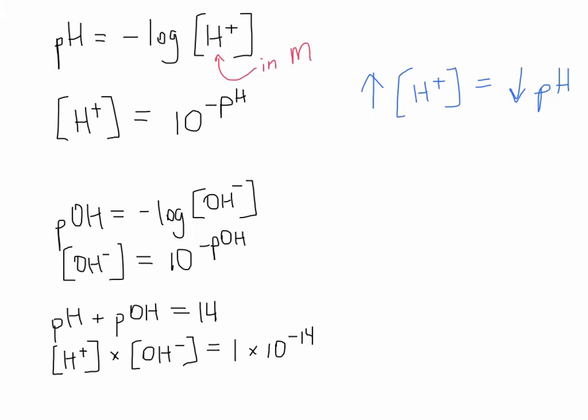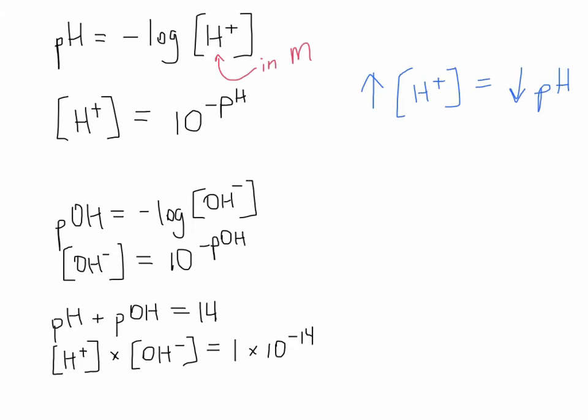If you are familiar with probably Algebra 2 level math, this second equation comes from the first equation using the log base 10. If you're not familiar with that from algebra, then just feel free to memorize both equations.